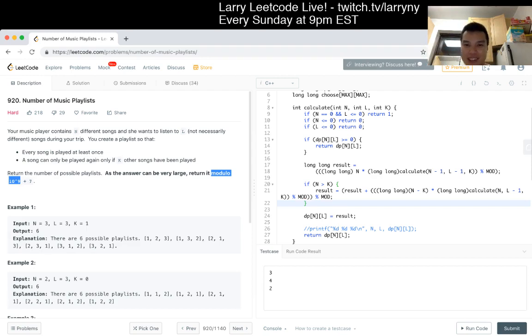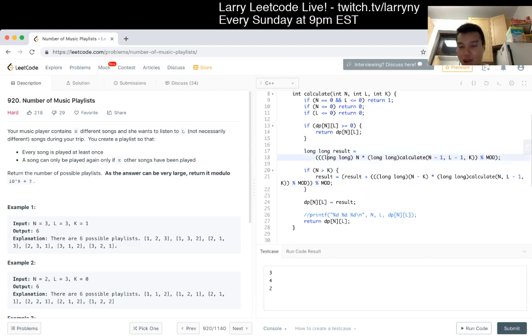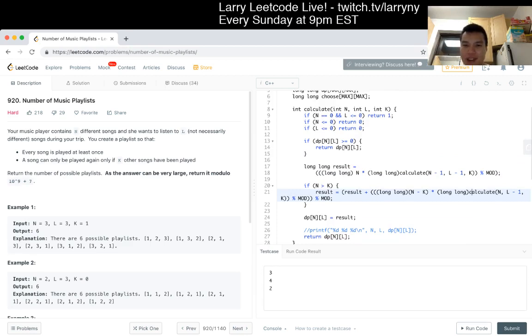So that's why you see long used all over the place, and in theory, everything should just be in long, and then you mod in the end. That'll buy you some peace of mind, because you know that you're only doing multiplication between two numbers that should be int, so that when you mod it, it will still be int.